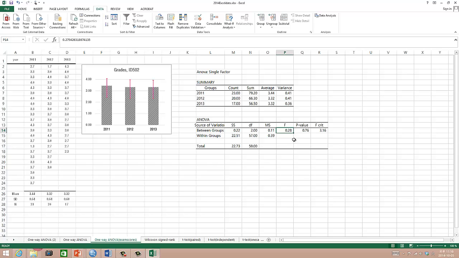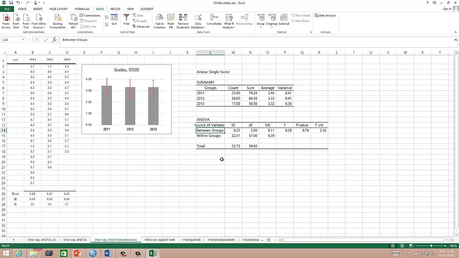And the critical F value, or the threshold value, is 3.16. So our F value is still within the area where we cannot say that the ratio of between group variability to within group variability is big enough.